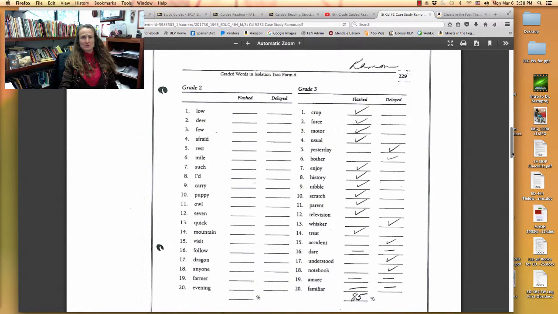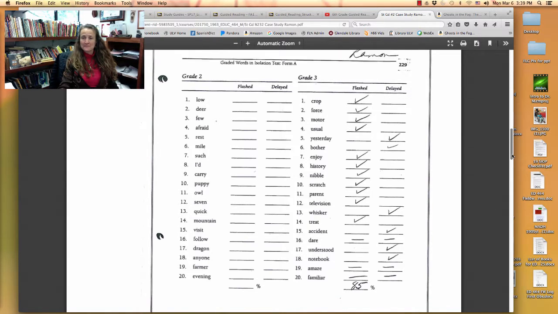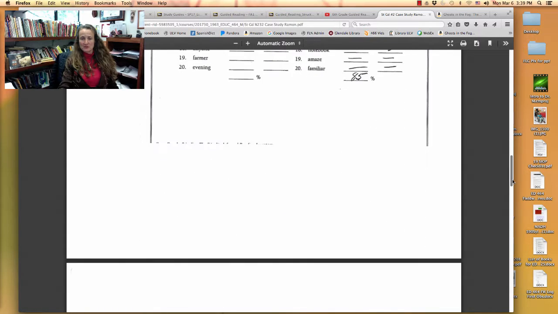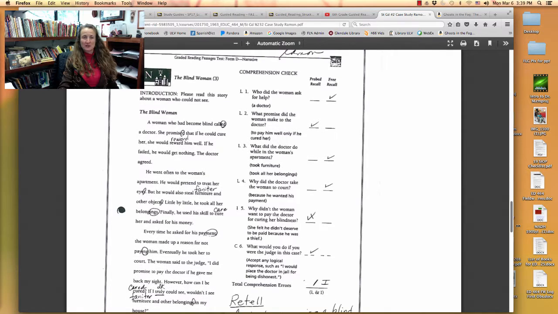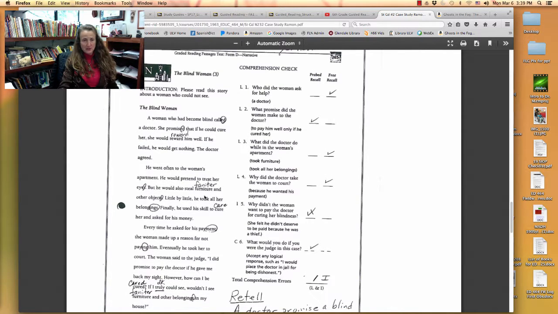Okay, so here's just a word list, and flash means these are the words he got without thinking much about it. Delayed means he stopped to think about it, and these ones here, like dare, amaze, and familiar, he couldn't get at all. So that'll give you some clues about his just basic reading. And then we have a version of an interest inventory, which is something we're going to be doing, where he reads and decodes here, and the teacher did a running record.